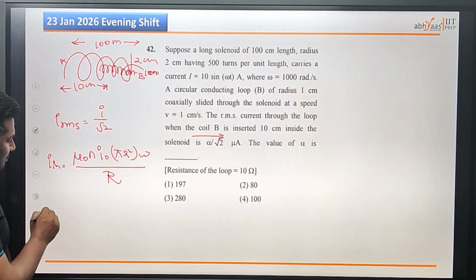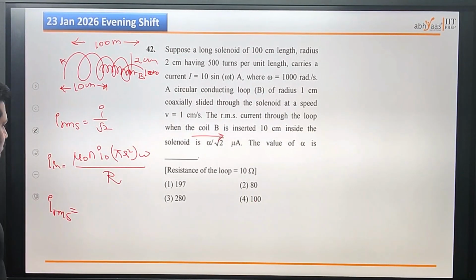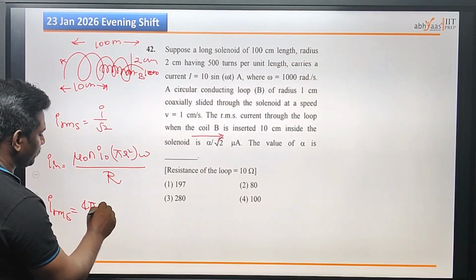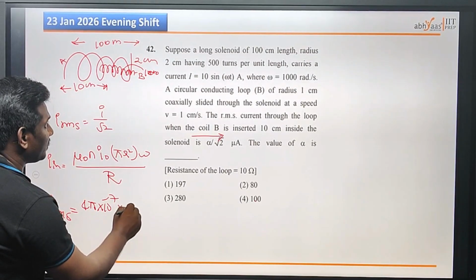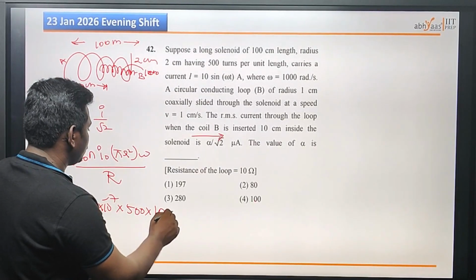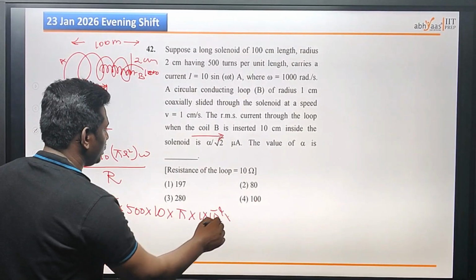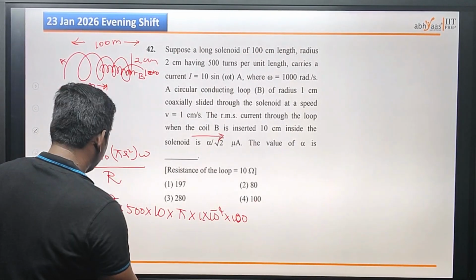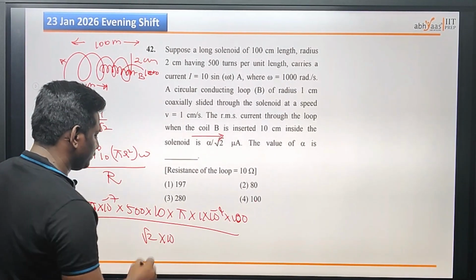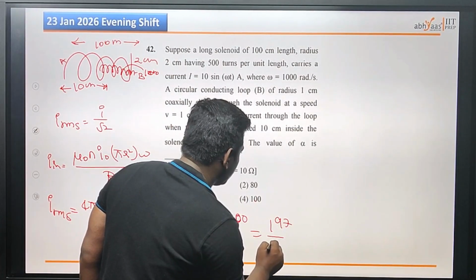So I RMS equal to mu naught, that is 4 pi into 10 to the power minus 7, n is 500, into I naught, that is 10, into pi r square, 1 into 10 to the power minus 4, into omega, that is 100, by root 2 r, that is 10. If you solve this, you will get 197 by root 2.